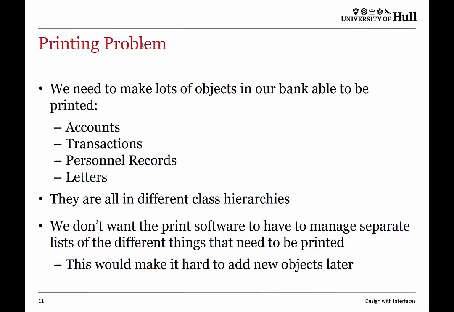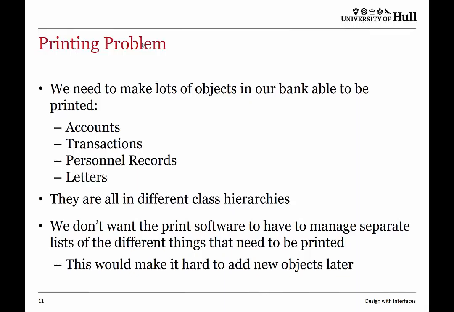We want to print all of these, but we don't want to have a list of accounts to print, a list of transactions to print, a list of personal records to print, because what will happen is that after a few months, they'll come up with another kind of data that needs printing, and then I'll have to make a new list and generally mess around.